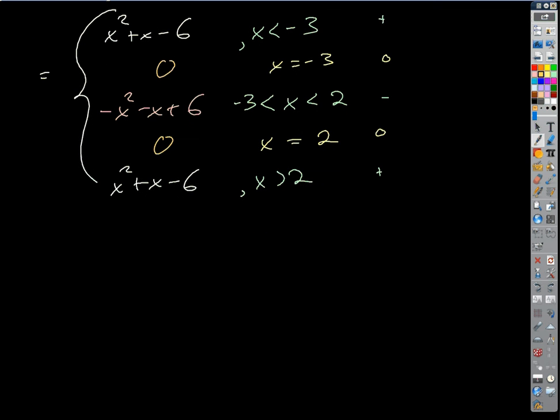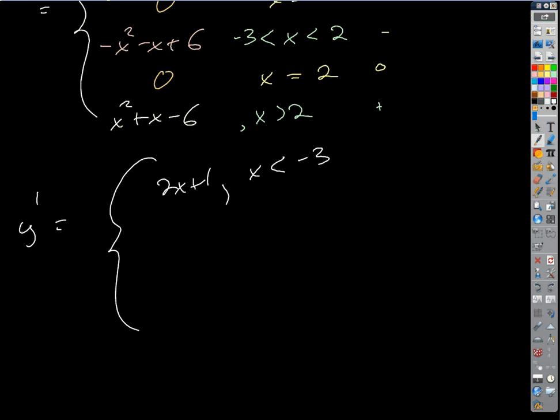Now I can just differentiate, right? And this actually ends up being a pretty easy problem from this point on. If I want to calculate y prime, what's the derivative of x squared plus x minus 6? 2x plus 1. So it's 2x plus 1 where x is less than negative 3.